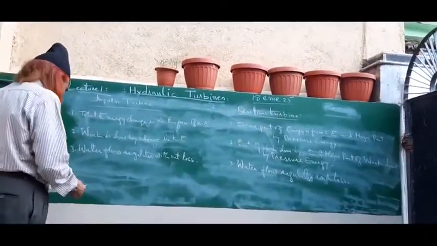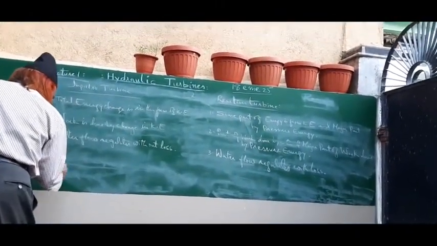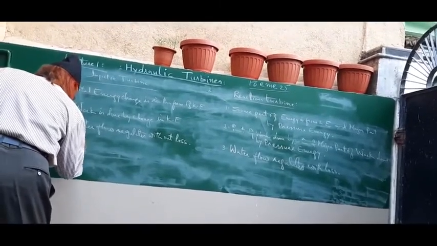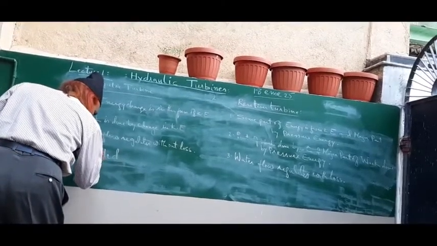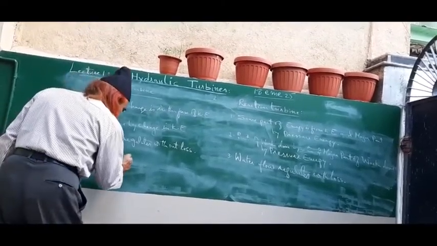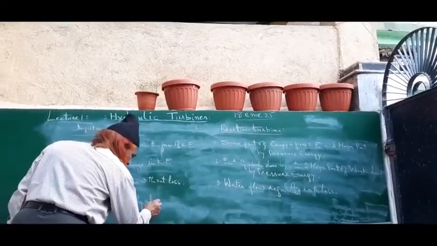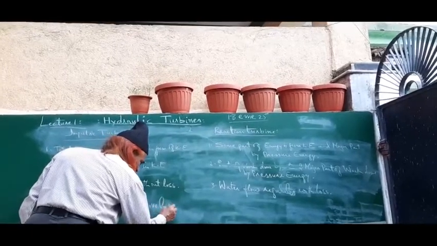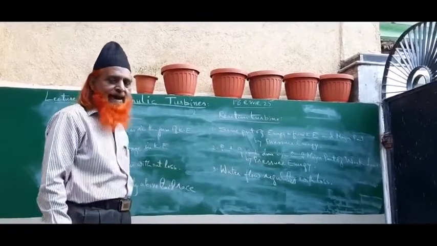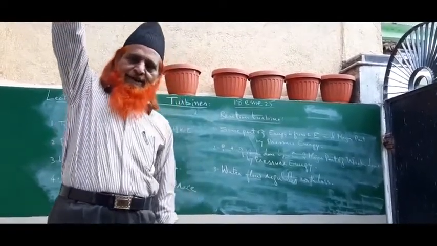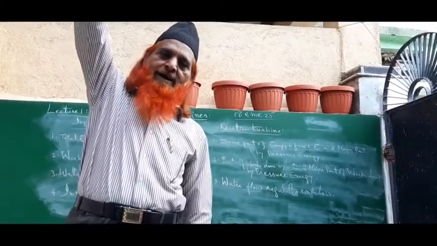Okay. Now the fourth one, what you can say is, it is installed directly above tail race. What is tail race? Head race, tail race. The level available in the dam, that is head race, where the water is coming from, that is the higher level.